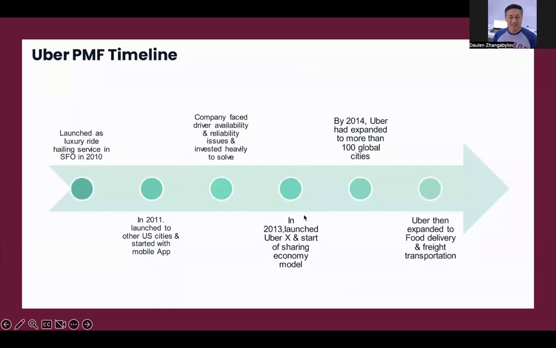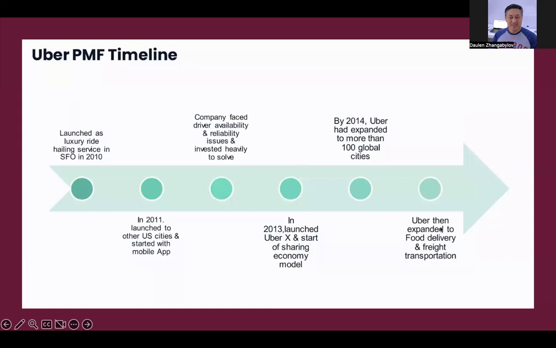And what happened after this breakthrough? They spread very quickly around the globe. And now we know Uber as it is. As you can see, they're already present in very competitive markets. They're still doing good. But in a dynamic market situation, you have to be flexible.